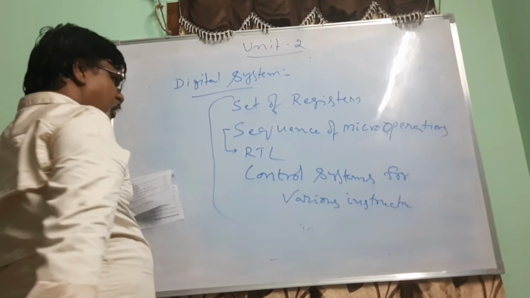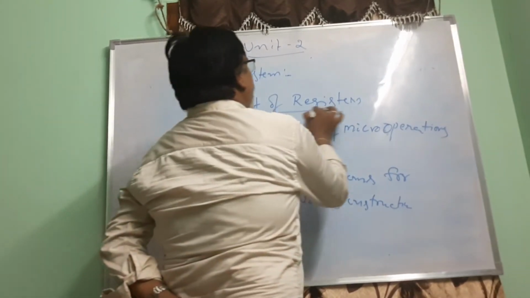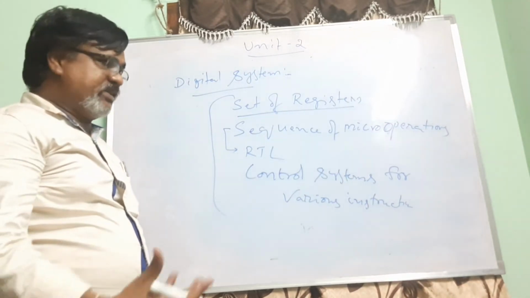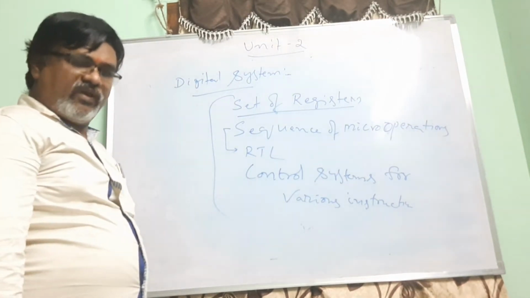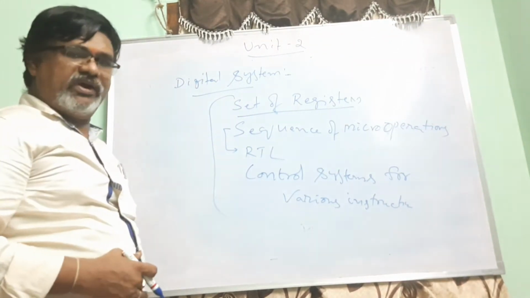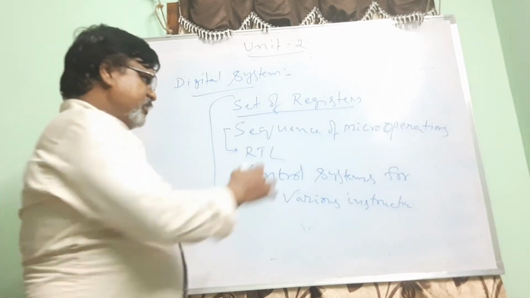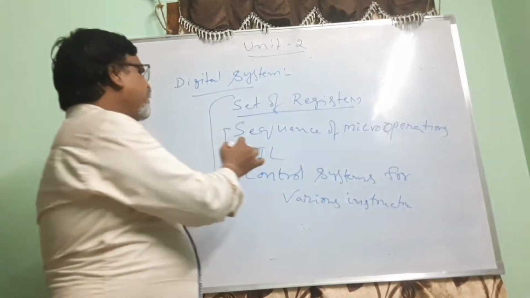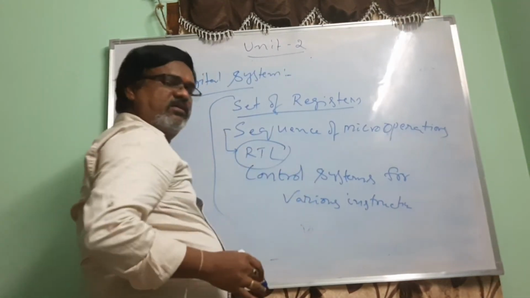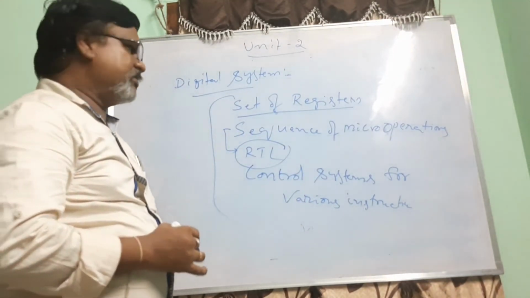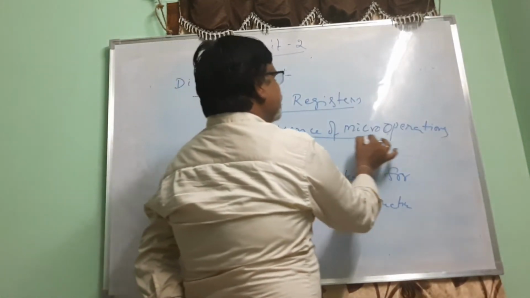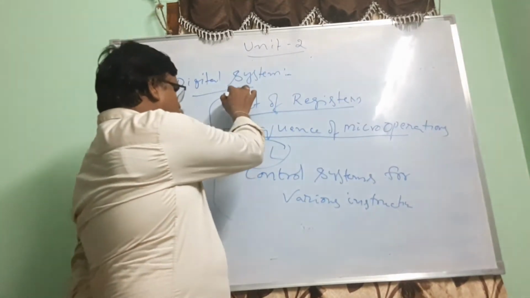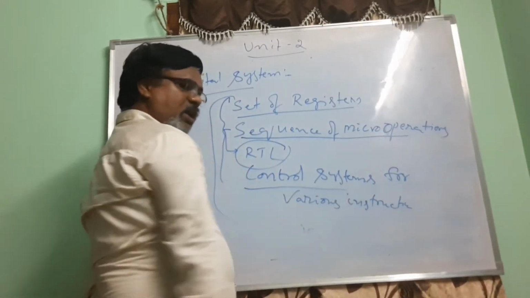Now we have to learn what a register is, what the length of the register is, what the maximum and minimum limits are. We have to know registers and how data is transferred from one register to another, that is register transfer notation or language, what the various sequences of micro operations are, and who is going to control all these things: control systems.